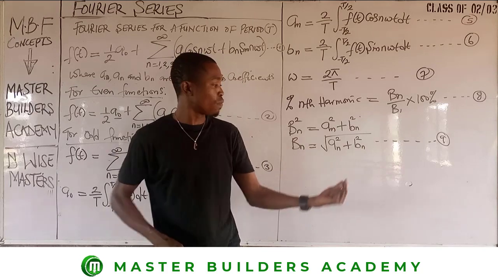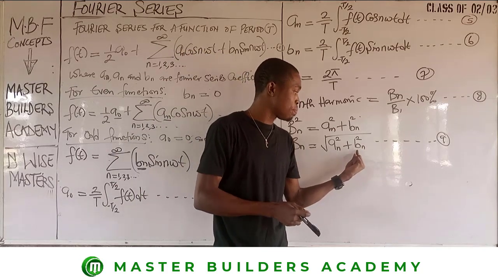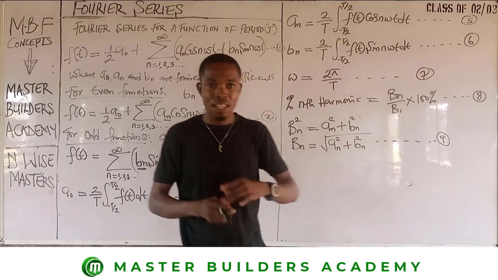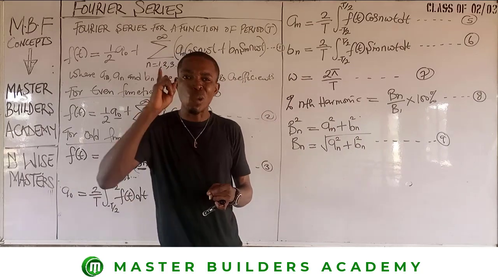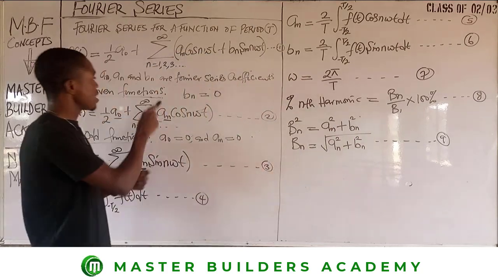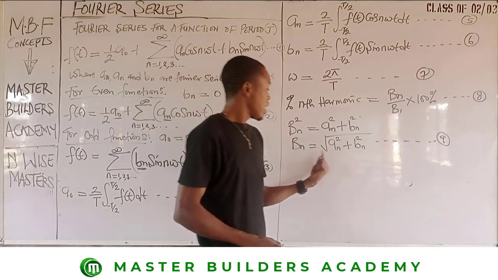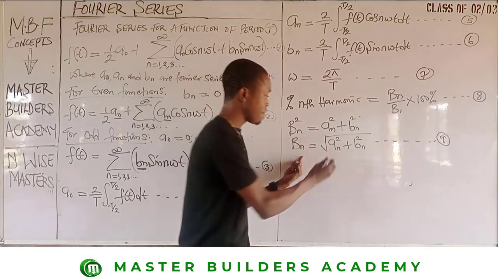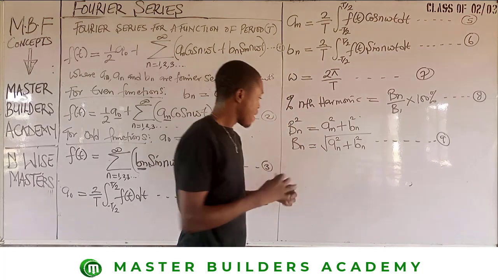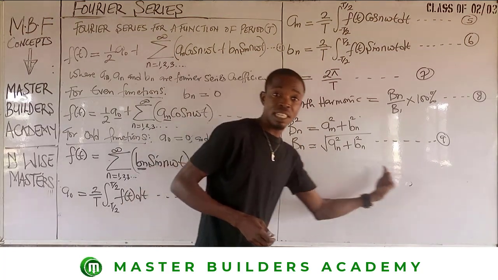Now, guys, you find out that this A here and this B here represent the Fourier coefficients. So if I have here as 3, everything here will be subscript 3. If I have here as 5, everything here will be subscript 5.